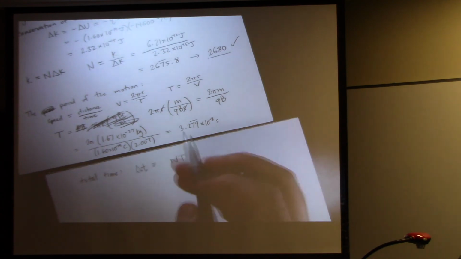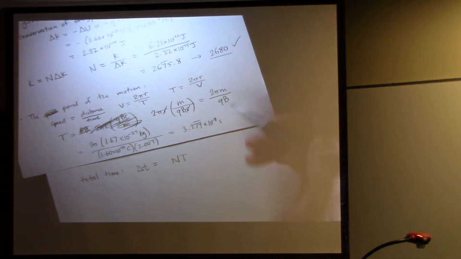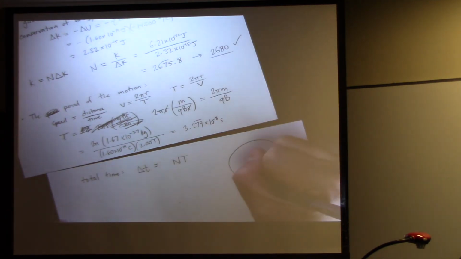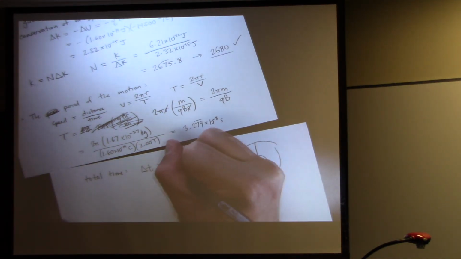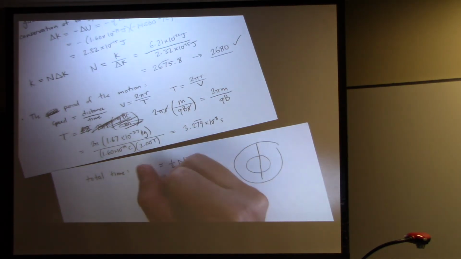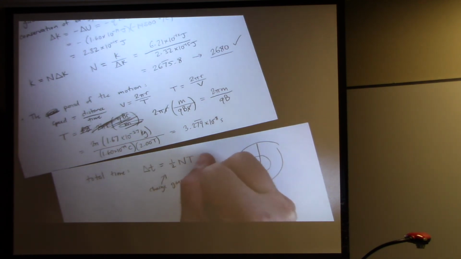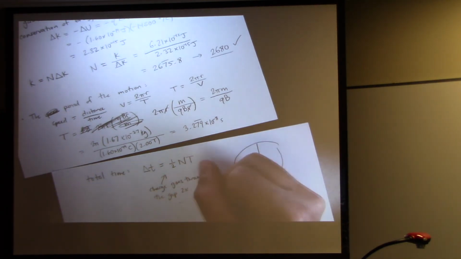Up here, n is the number of times we went through the gap. We go through the gap twice in each circle, right? So if I go around a half circle, I pass through the gap once, and if I go around a complete circle, I pass through the gap twice. So I'm going to put this 1/2 factor here, which just indicates, again, that the charge goes through the gap 2 times every period.